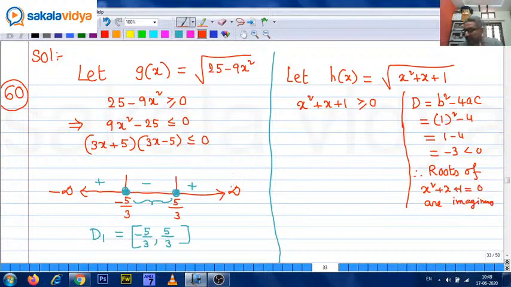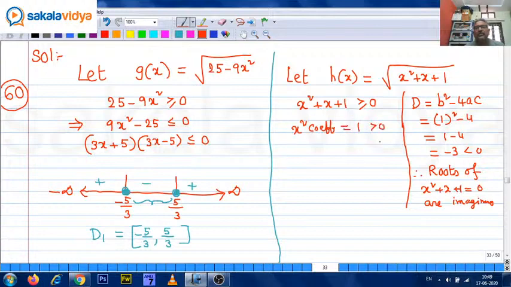We have one theorem. What is the theorem? If the roots of ax square plus bx plus c is equal to 0 are imaginary, then x square plus x plus 1 and ax square plus bx plus c and x square coefficient will have the same sign for every x belongs to R. So here x square coefficient is equal to 1. 1 is greater than 0.